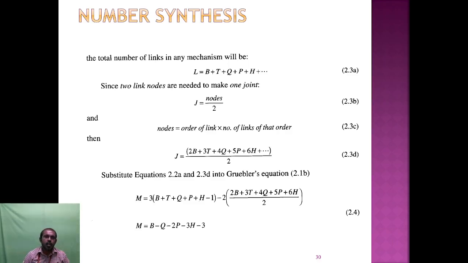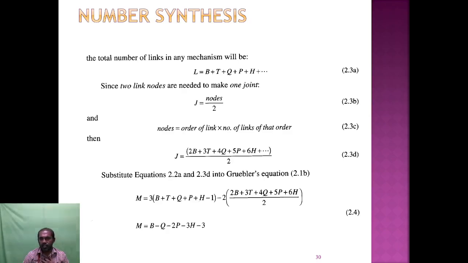The total number of links in the mechanism will be L is equal to B plus T plus Q plus P plus H. Since 2 link nodes are needed to make one joint, joints equal nodes divided by 2, and nodes equal the order of the link times the number of links of that order.